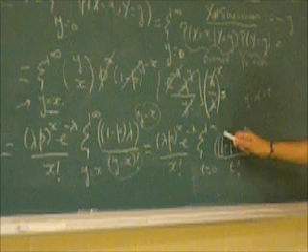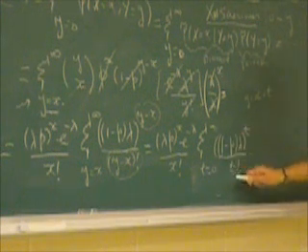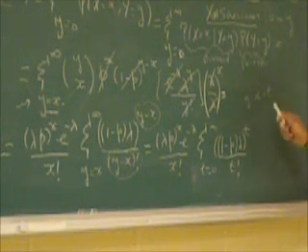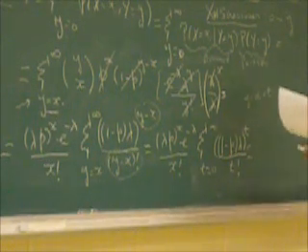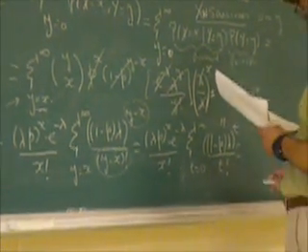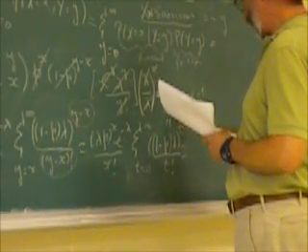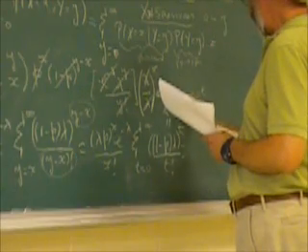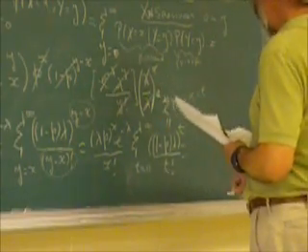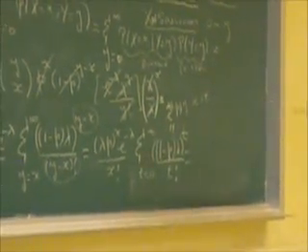Now, this is a series that we have found already in this course. So this is going to be equal to e exponential 1 minus p times lambda. So e to the lambda 1 minus p. Okay?